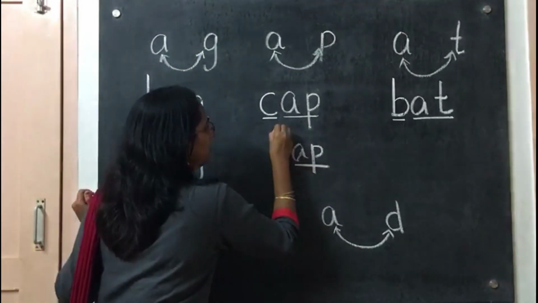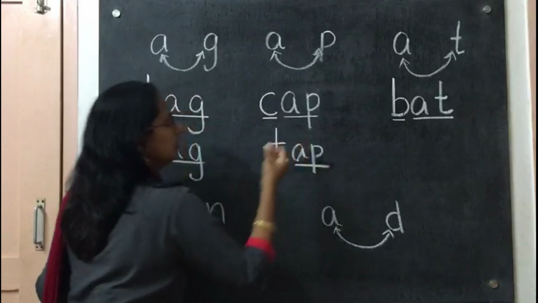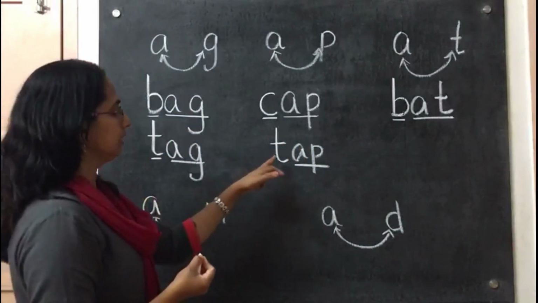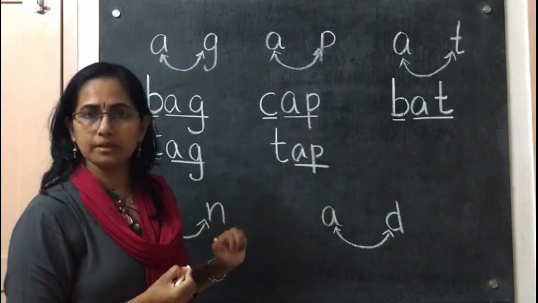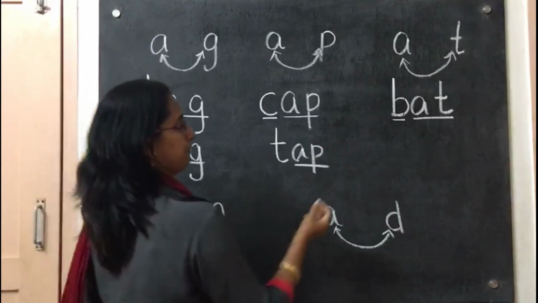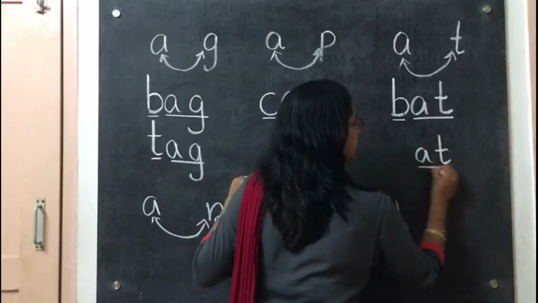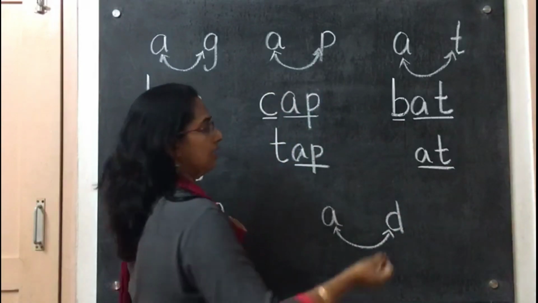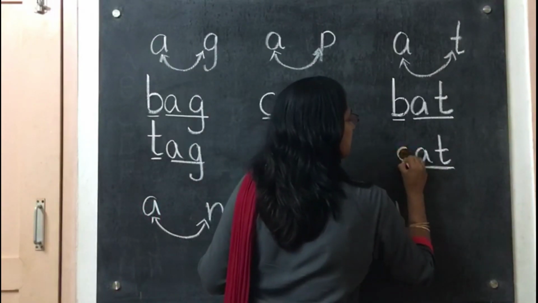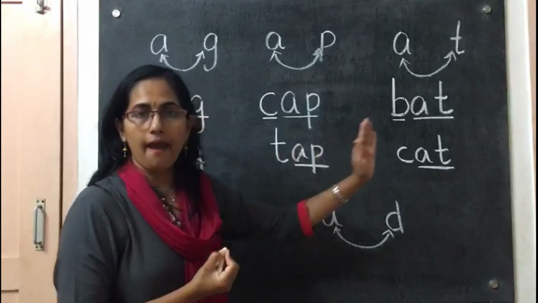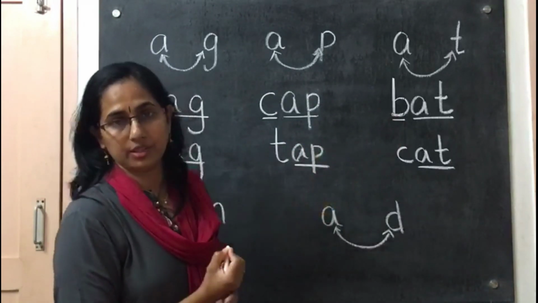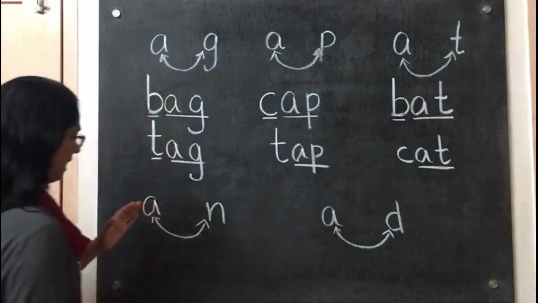I'll add T. Join T, ap, tap. Then again, at. I'll join K, at, cat. Like that, I have some more.